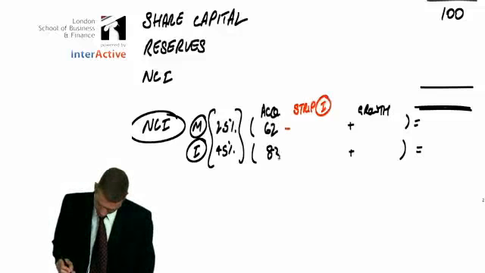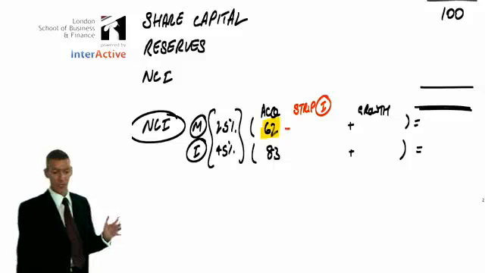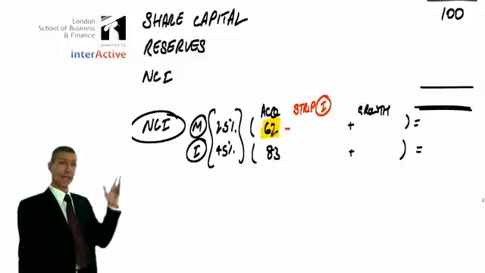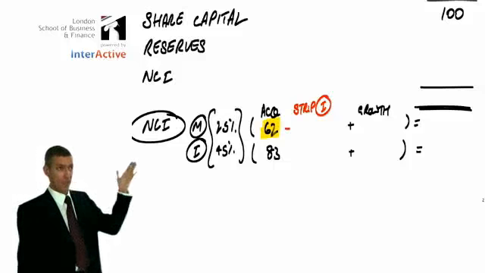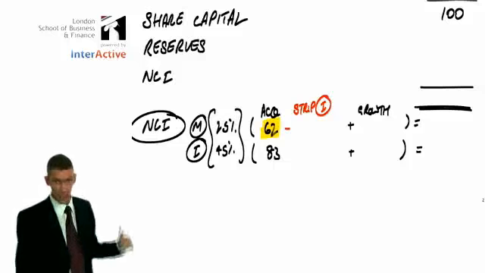But the thing about this 62 is that it is the NCI in M and I, because M includes shares in I.